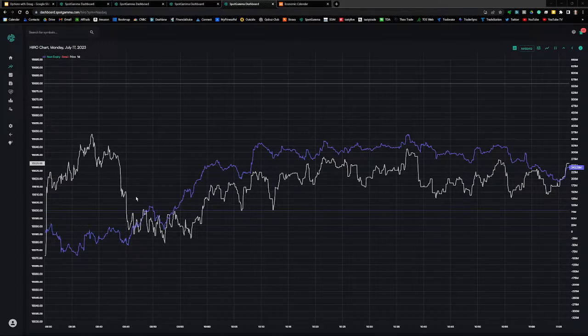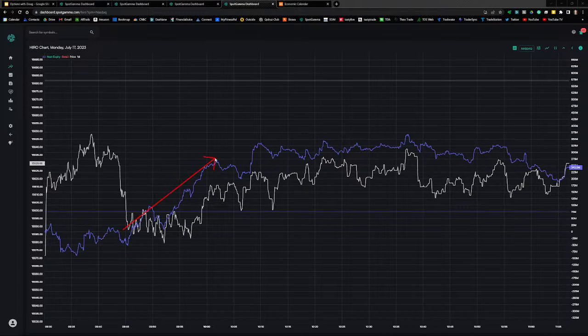So note the purple line starts to rise as price is consolidating around that level, and then price starts to rise somewhere between 10 and 15 minutes later. So very nice divergent setup there in Nasdaq.